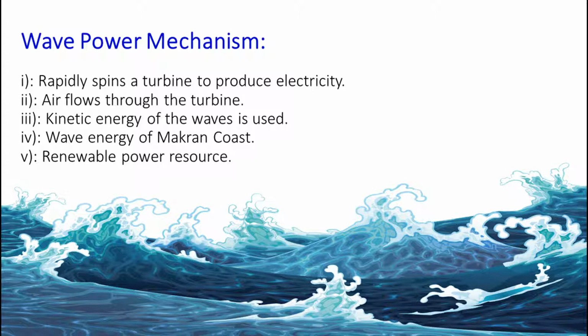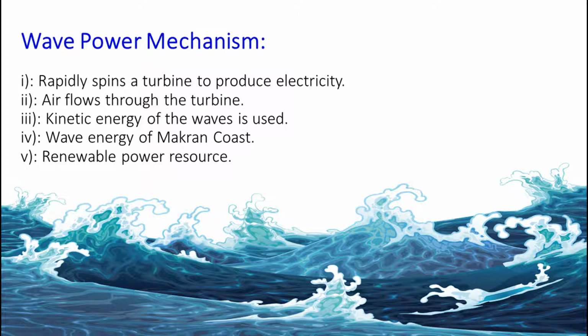Number 1. Rapidly spins a turbine to produce electricity. The rising water forces air out of the chamber, and this moving air rapidly spins a turbine to produce electricity. 2.